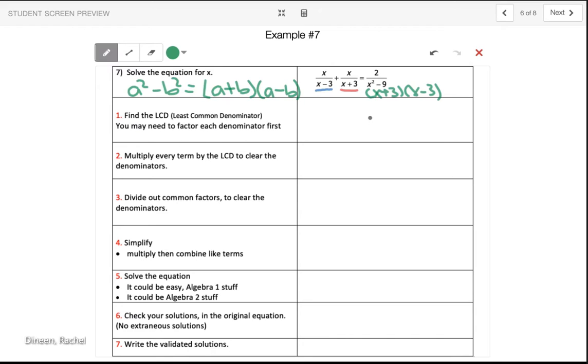All right, so let's go ahead and determine our LCD. Oh goodness, my pen is all of a sudden deciding not to work. Please work. That's so weird. It was working so good earlier. Okay, LCD. So we list the factors of our first denominator, which is x minus 3. Then we list the factors of our second denominator, which is x plus 3.